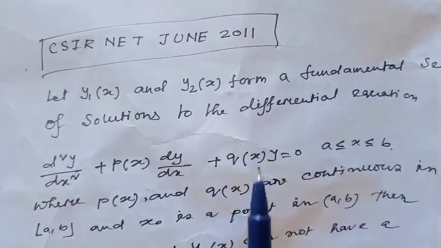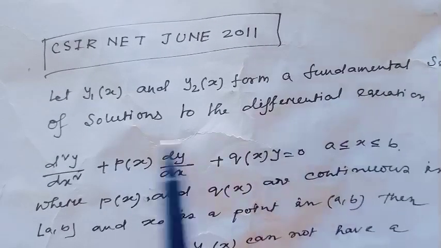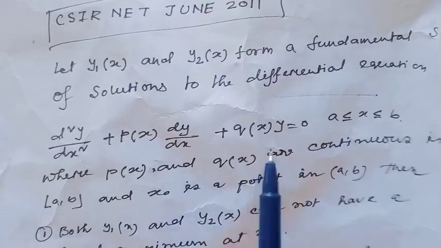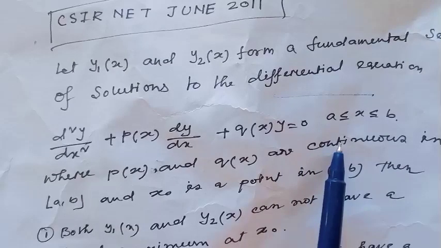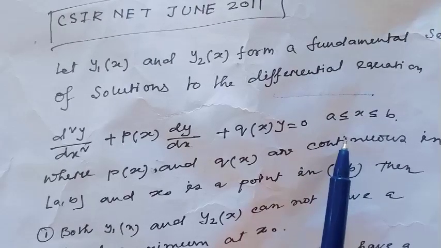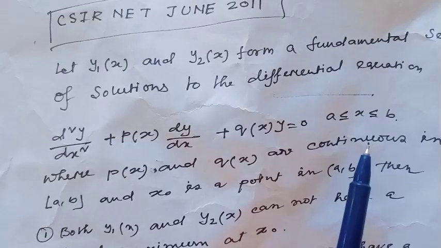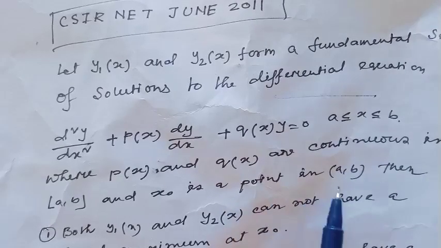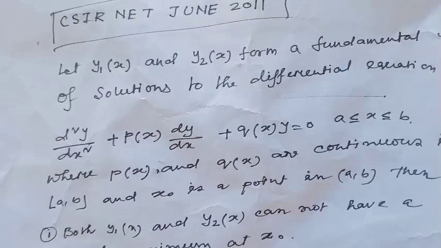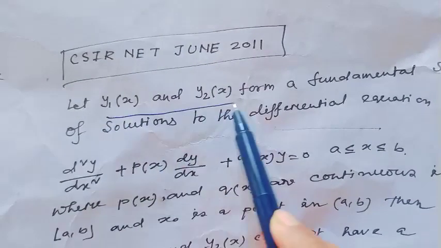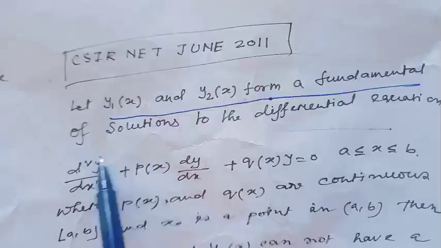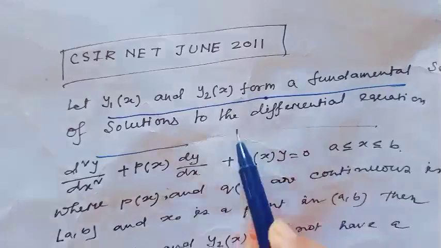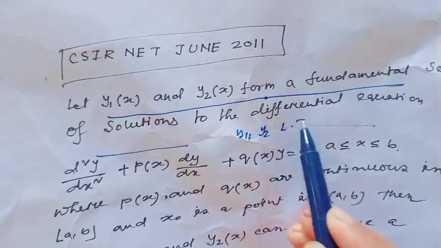Let y1, y2 be the fundamental solutions to the differential equation d2y/dx2 plus p(x) dy/dx plus q(x) y equal to 0, where x lies in the closed interval [a, b], p(x) and q(x) are continuous functions, and x naught is a point in the open interval (a, b). Here y1, y2 being a fundamental set of solutions means these two solutions are linearly independent.